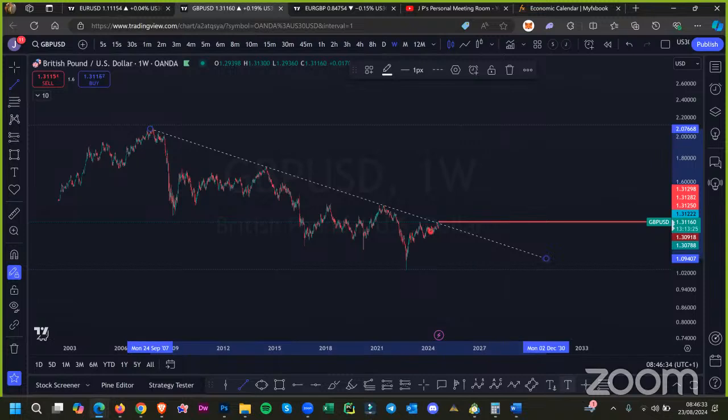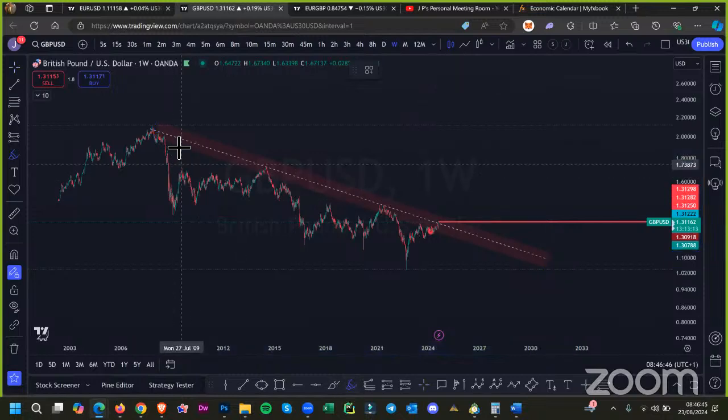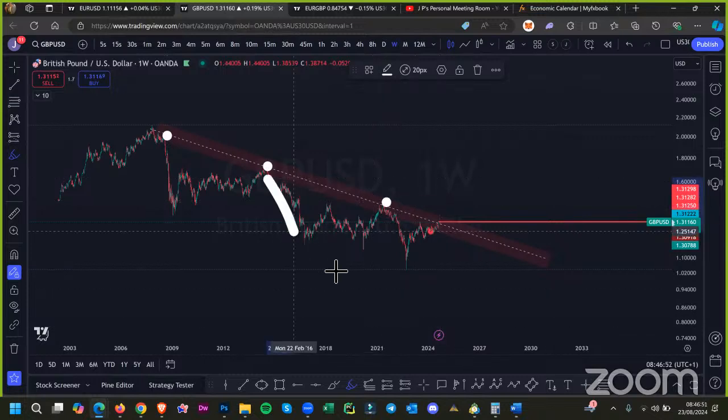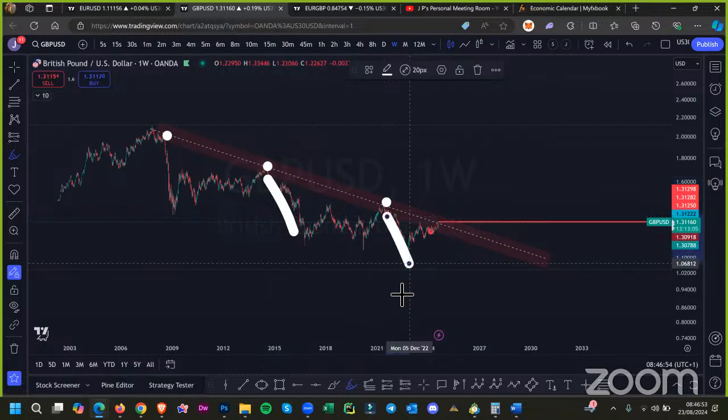We are once again, have a look. Every other time that we came up into that little red box, what happened? What happened every time we came up into that red box in the past? This happened. Our market sold off.